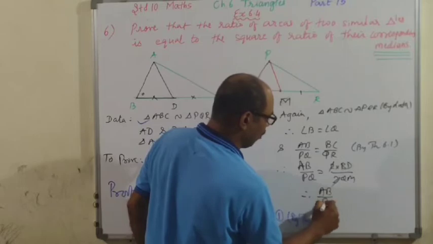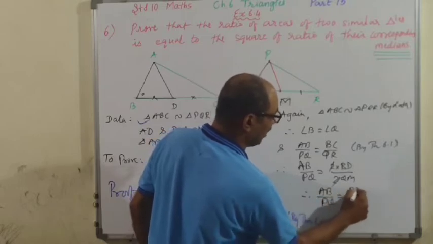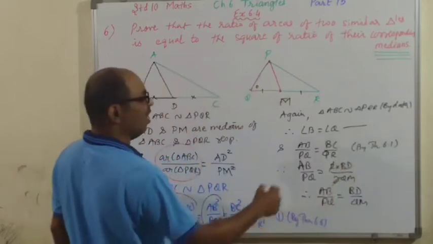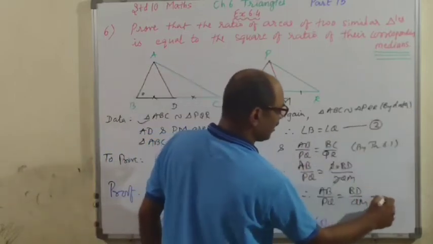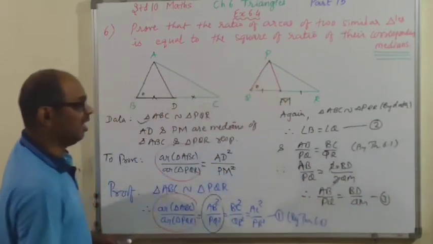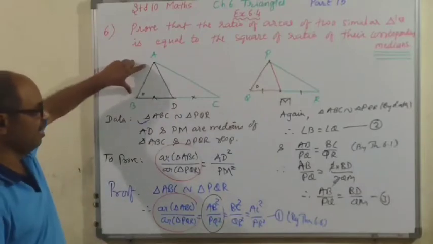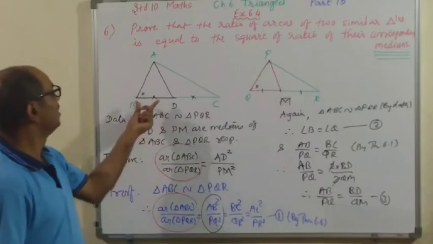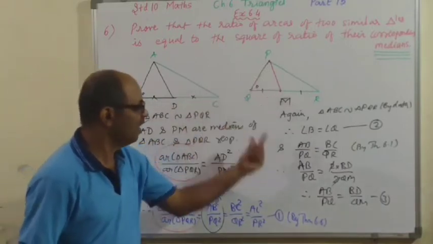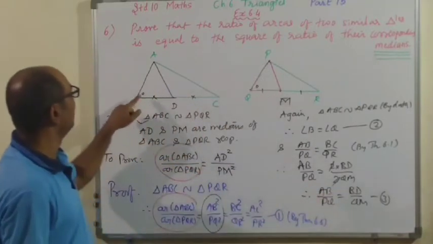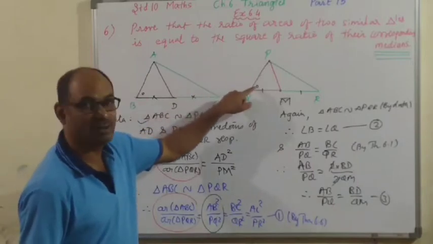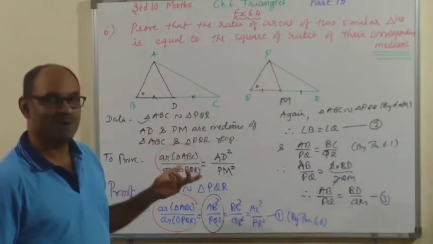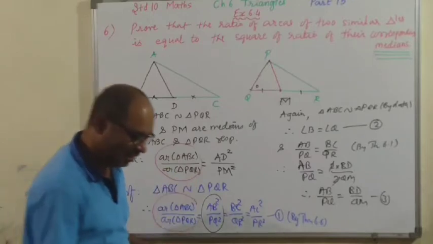Therefore, AB upon PQ is equal to BD upon QM. इसको कहते हैं रिजल्ट नंबर 2 और इसको कहते हैं रिजल्ट नंबर 3. अब देखो AB upon PQ is equal to BD upon QM, and included angle B is equal to included angle Q. So by SAS, correspondence is similarity.